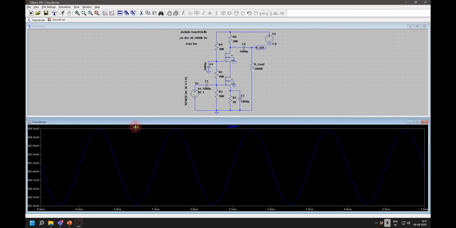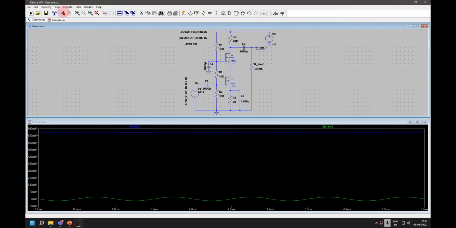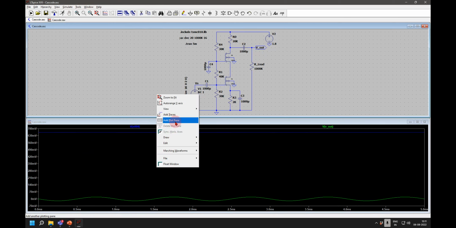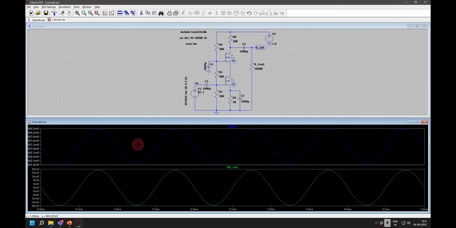It is like from 661 to 664, so 3 or 4 volt only. So there is not much voltage gain from here to here, because it is looking at a low impedance. But if I plot the output out here, the output is from 20 millivolt.